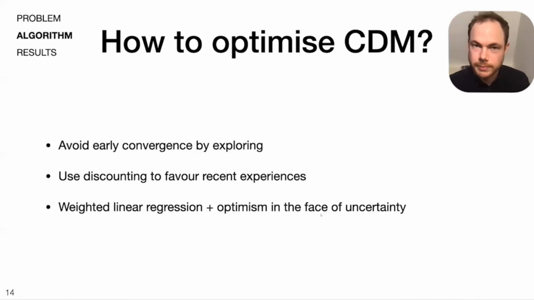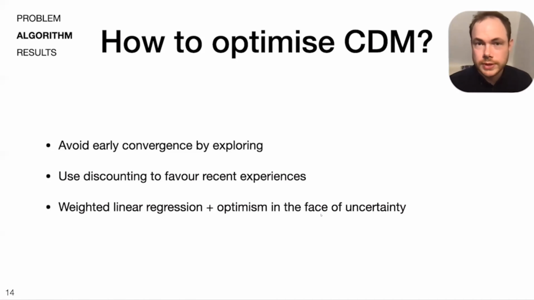Now, some questions remain. The most important one is how do we optimize this theta given the bandit setting, which gives us only partial and noisy outcomes. Specifically, because we only observe the outcomes of our decisions, we have to be careful that we don't converge too quickly on a certain combination of expertise.